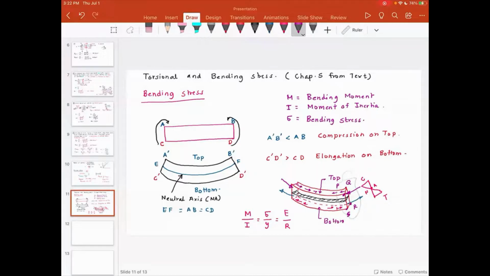And Y is the distance from the neutral axis. Then E is the Young's modulus, and R is the radius of curvature.